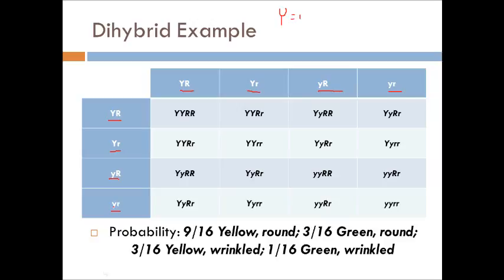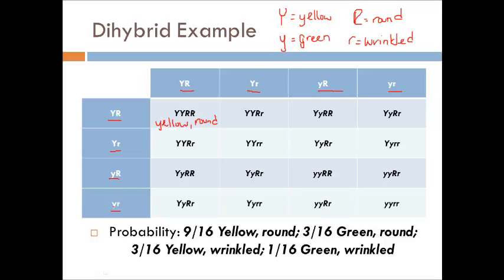Remember, big Y is yellow, little y is green, big R is round, little r is wrinkled. If we have big letters for everything, that means it's going to be yellow, round.